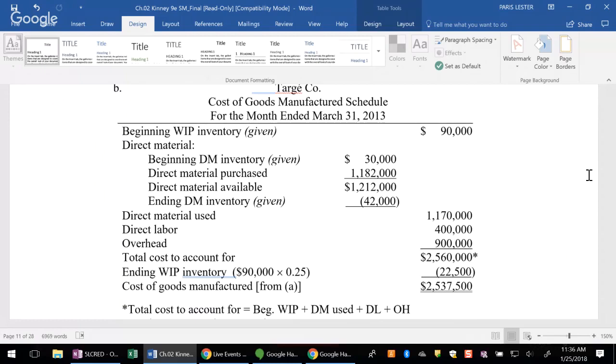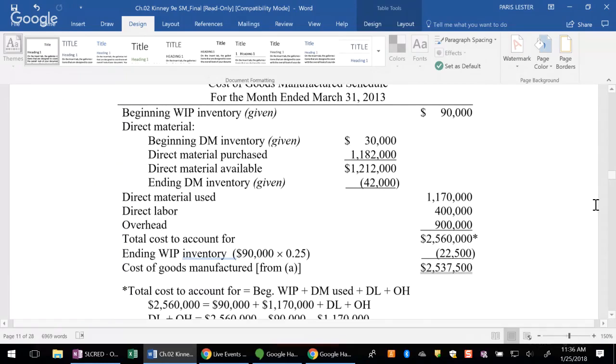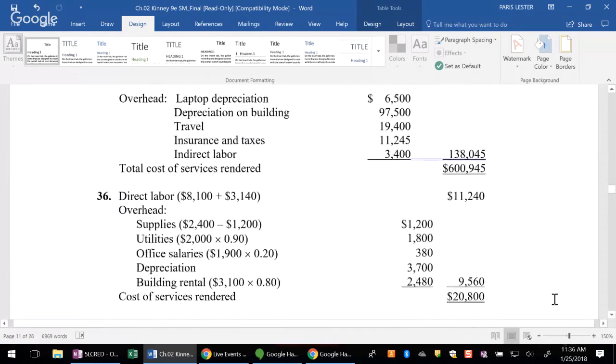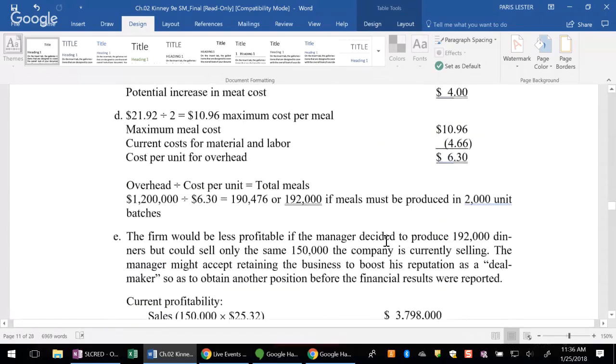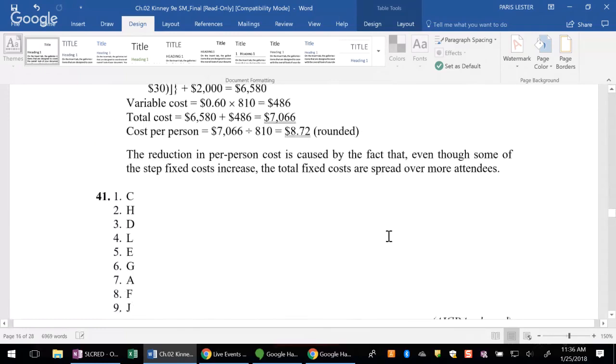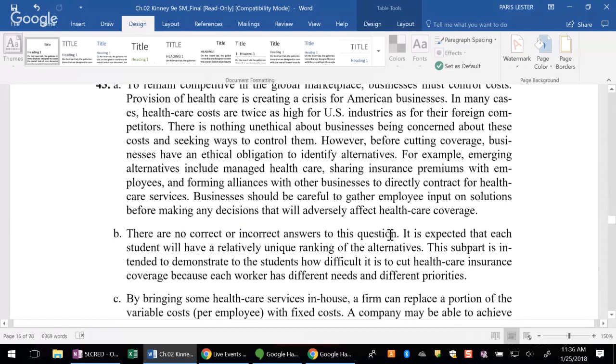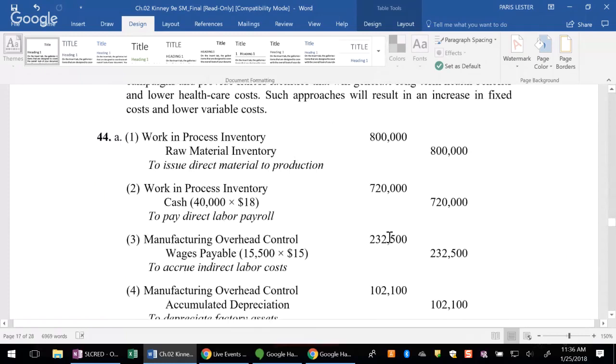Number 44. I'm gonna look at it real quick, and then we'll give you some assignments. Now, 44, for your homework assignments, you're going to have quite a few journal entries, service business or manufacturing. But to review these real quick, we bought raw materials.